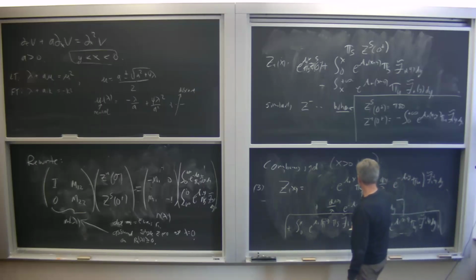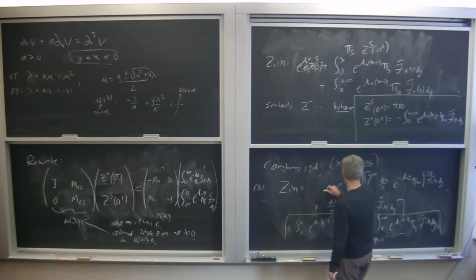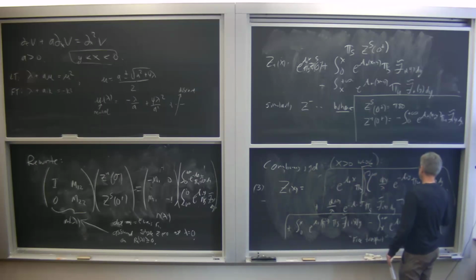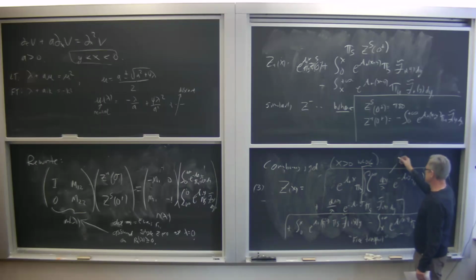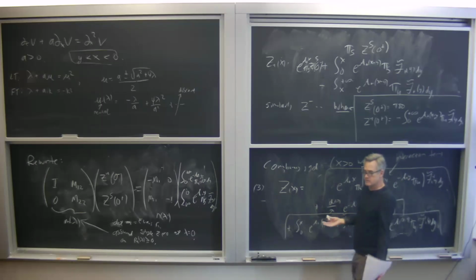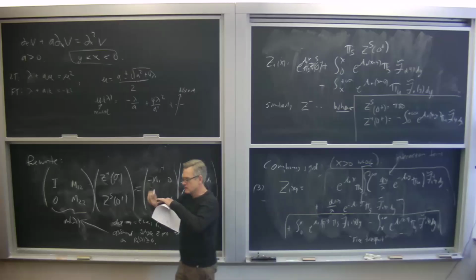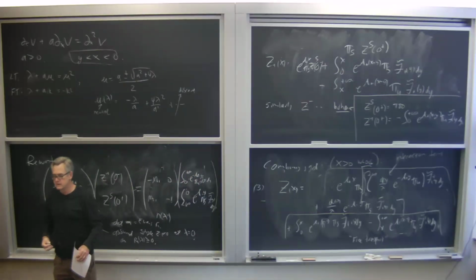And these, we'll say these are interaction terms. They have to do with interaction with the boundary, and the boundary really means the shock, the dynamics of the shock wave.